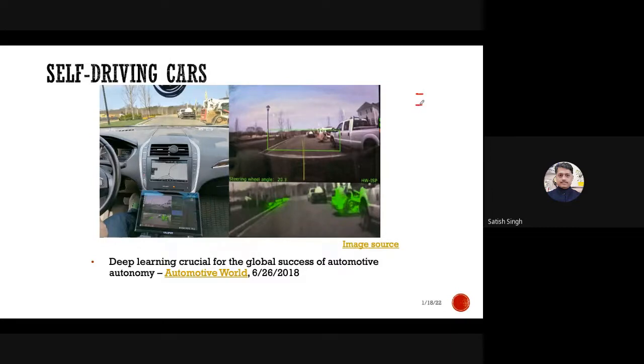There may also be thermal imaging, where thermal images can be used to detect objects at night. Suppose you're driving the car and some object appears, but with naked eyes you cannot see because it is completely dark. But thermal cameras can see, so those thermal cameras can be used.